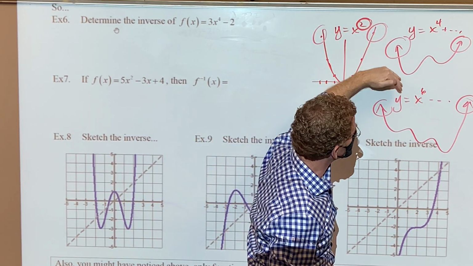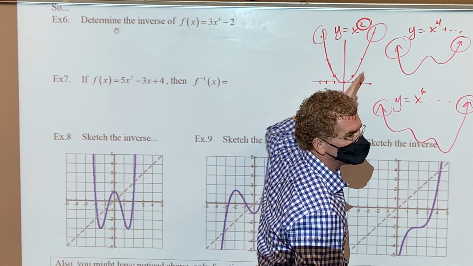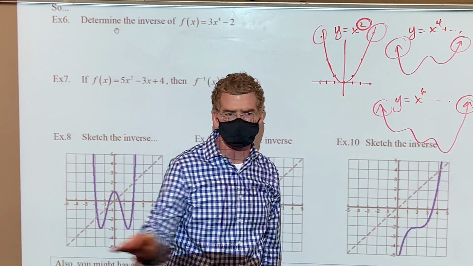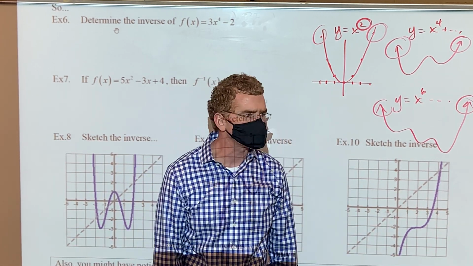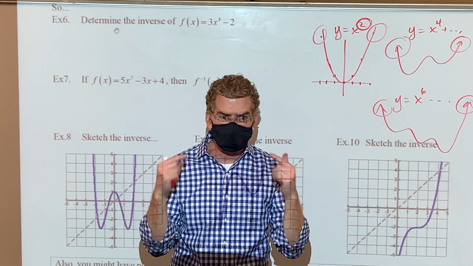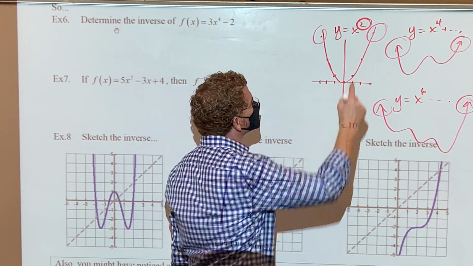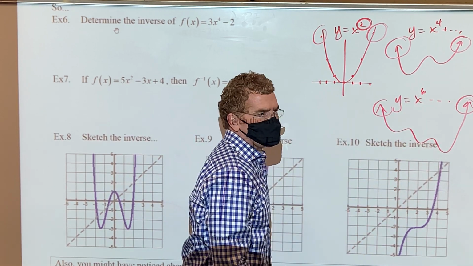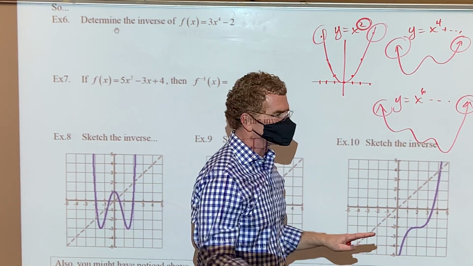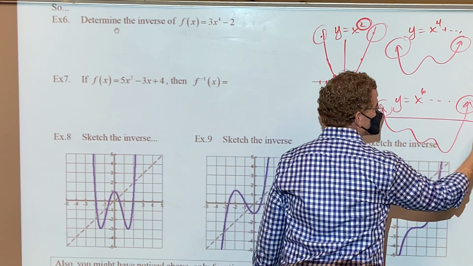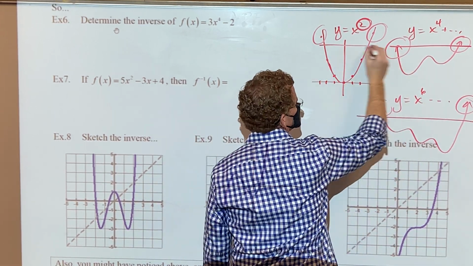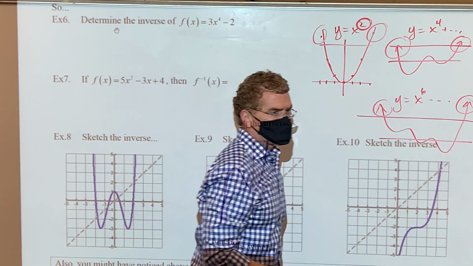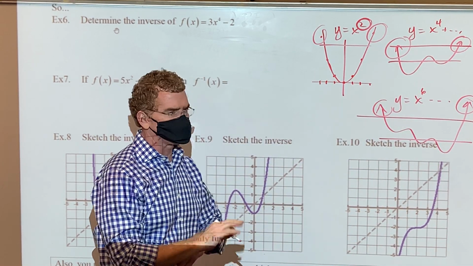You are decreasing and what? At some point, increasing. And if that's the case, are you ever gonna pass a horizontal line test? No. Well, if you sink that in your head, what that means is if your highest power is even, which all of these were, it's never gonna pass the horizontal because those parts going up are eventually gonna hit, and sometimes it hits a whole lot more, right? But I know it's gonna hit at least 2 points and fail the horizontal.